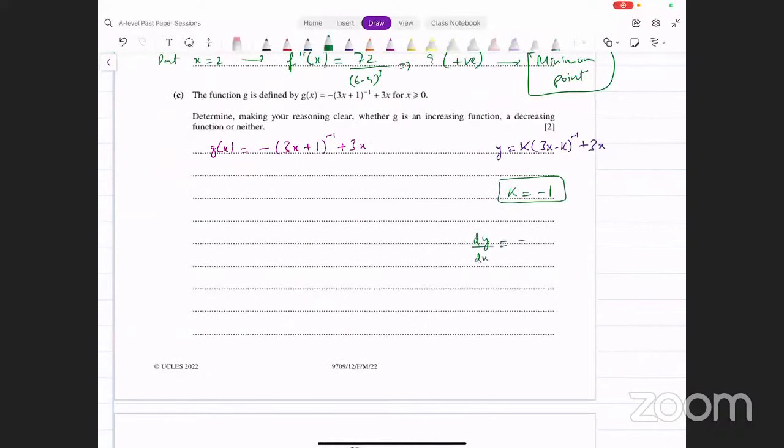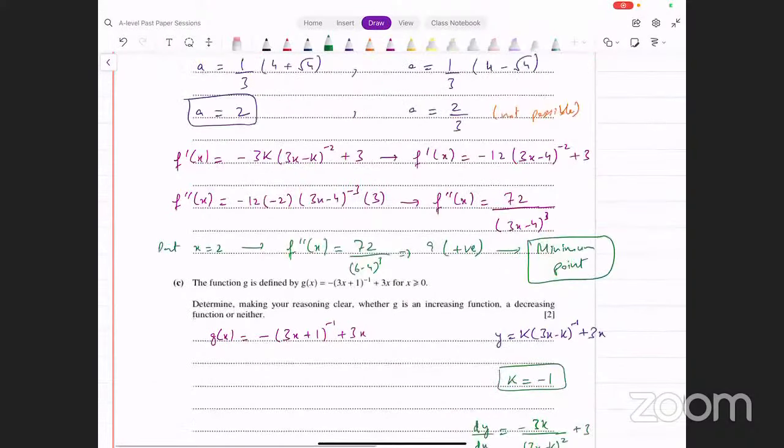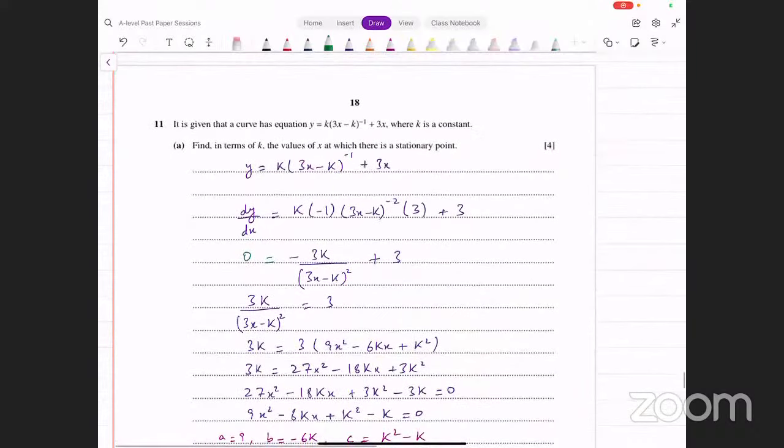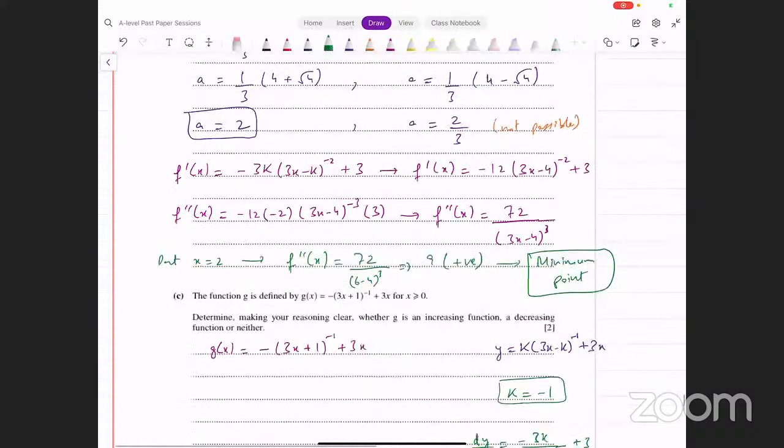It was minus k, or in fact minus 3k over (3x minus k) whole square plus 3. This was what the derivative was there.